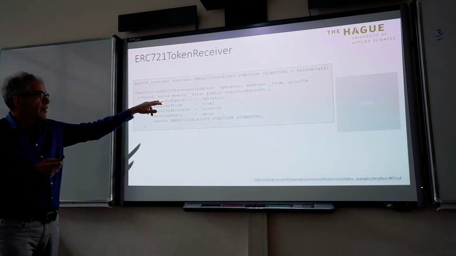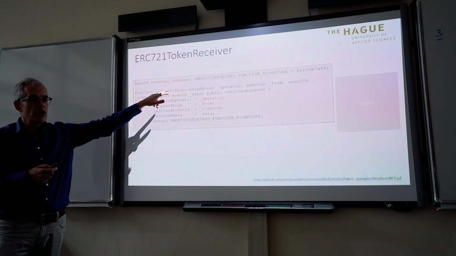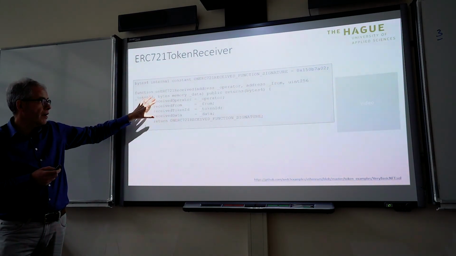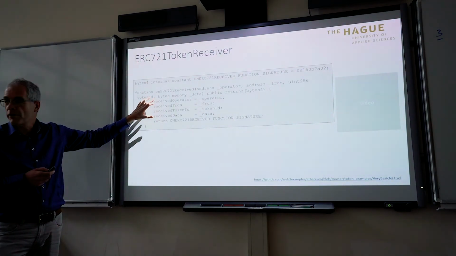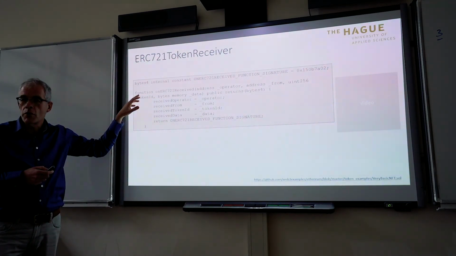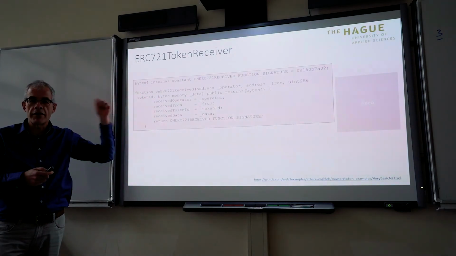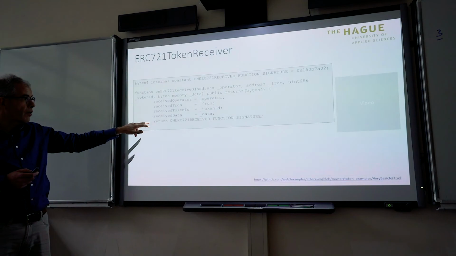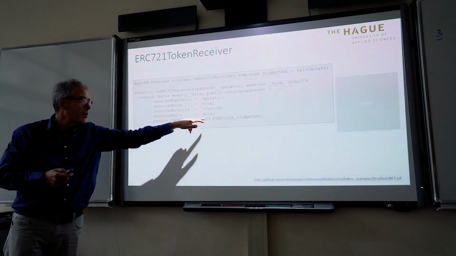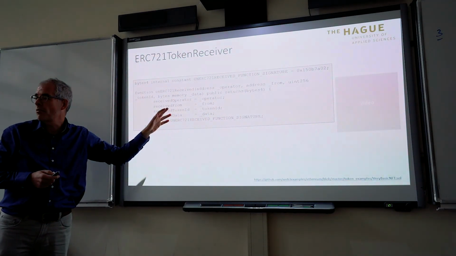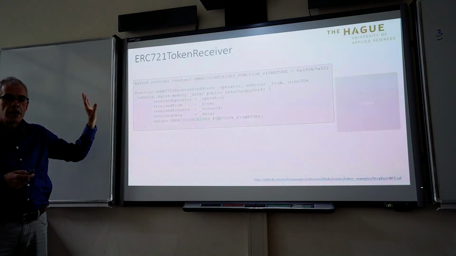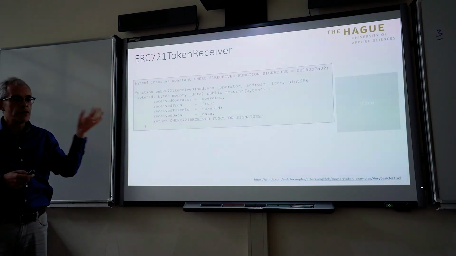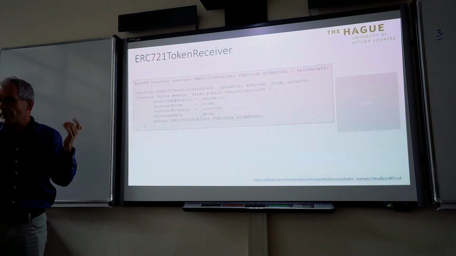So here it can be received with this function in the other contract, and in this case we saved it in this public variable. But we can also do other things with it, calculate something, or say if we don't want it, then we are not going to return this one, but another value. Doesn't matter what value. But if we return false or 0 or whatever, then we don't receive the token.